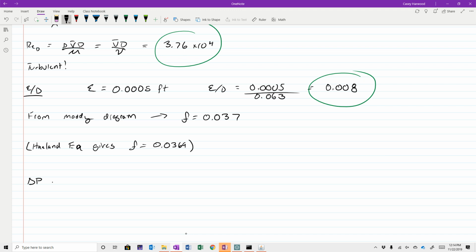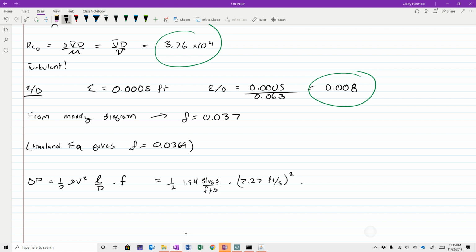Delta P is then 1/2 rho v squared L over d times F. Which is going to be 1/2 at 1.94 slugs per cubic foot times 7.27 feet per second squared.